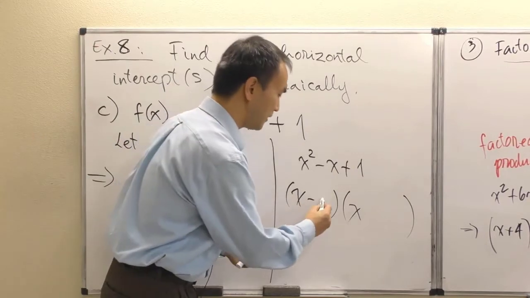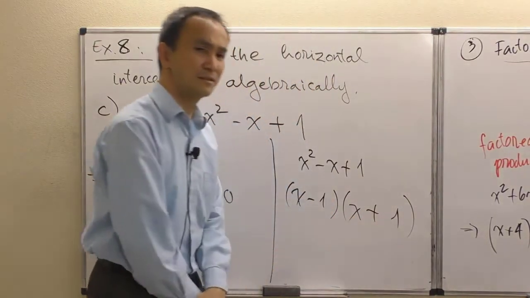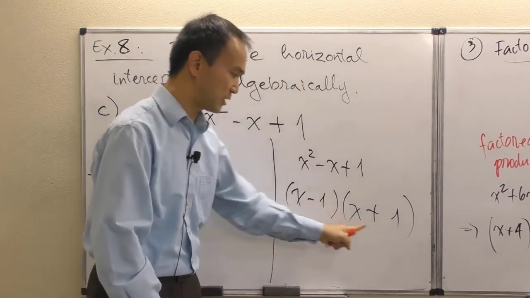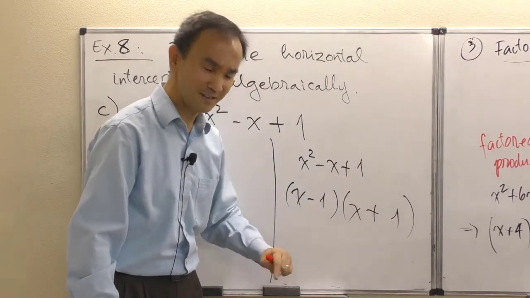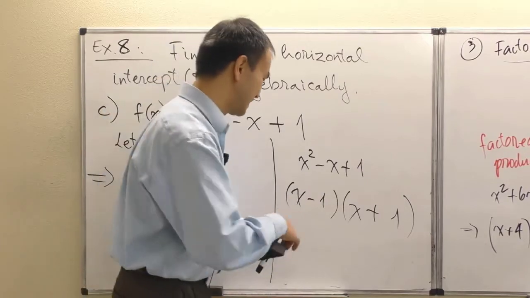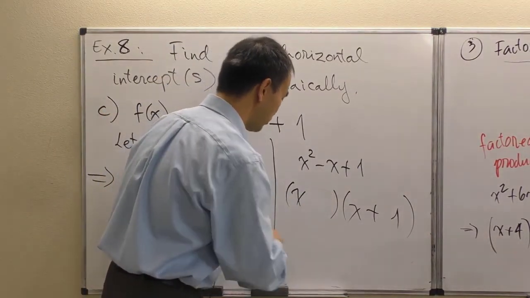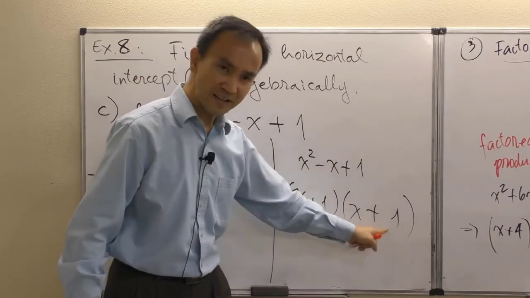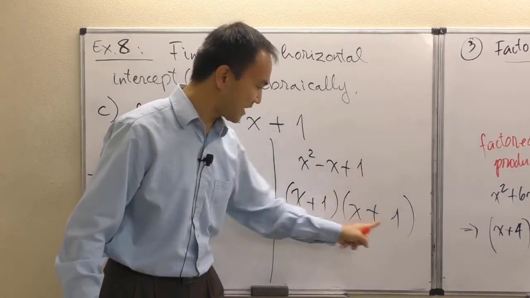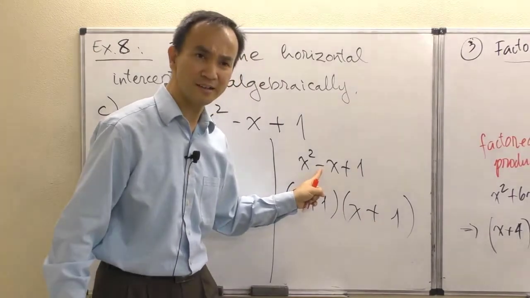Is that -1 and +1? That doesn't seem right, because they don't multiply to be +1, so that has to be ruled out. How about +1 and +1? They multiply to 1, but they don't sum to -1.